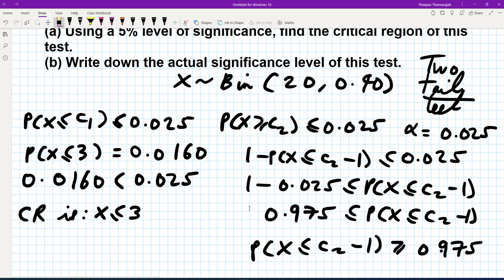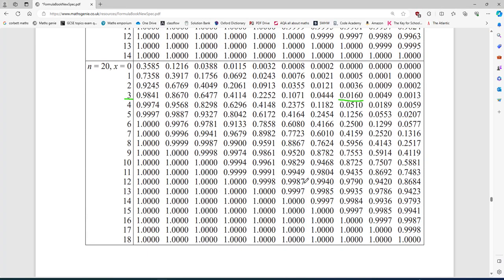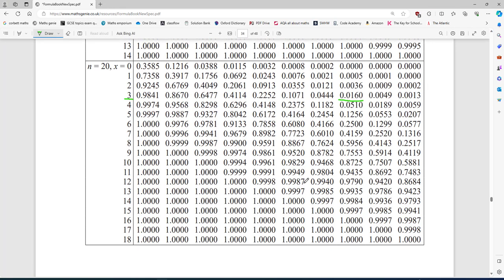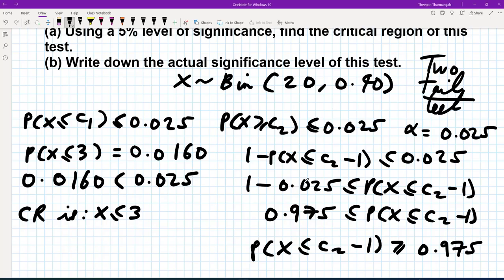Again, we're going to use our tables. So we can say, where does that occur in my table? So I need the first value greater than 0.975, which occurs at this point, which corresponds to 12. So we can say the probability that X is less than or equal to 12.